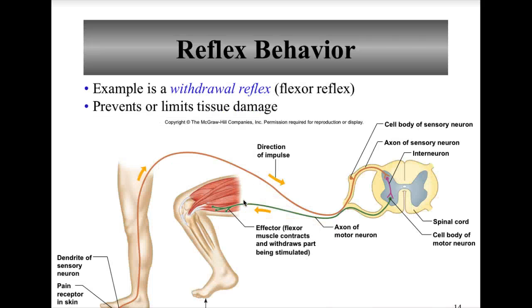Another type is withdrawal, the flexor reflex, and it prevents or limits tissue damage. Here you can see a person walking, and there's a thumbtack down here. If that thumbtack were on the floor, you'd feel that, and immediately you withdraw from stepping further onto it. So that's a withdrawal reflex, or flexor reflex.